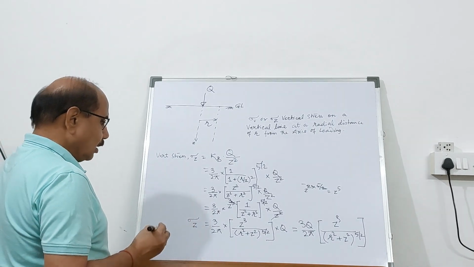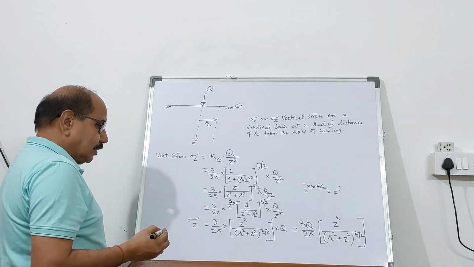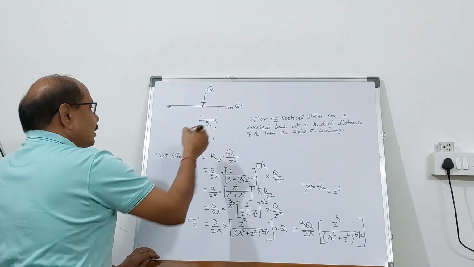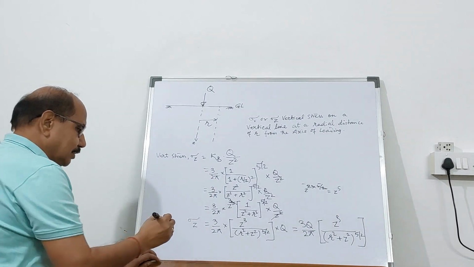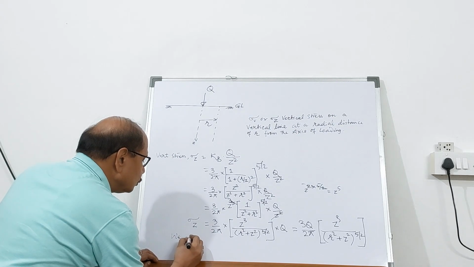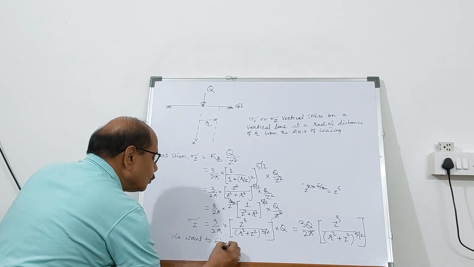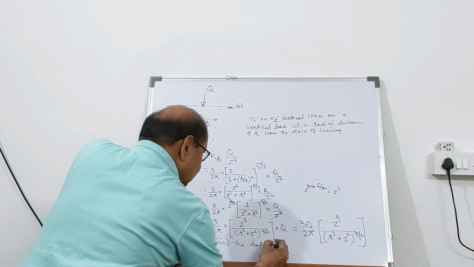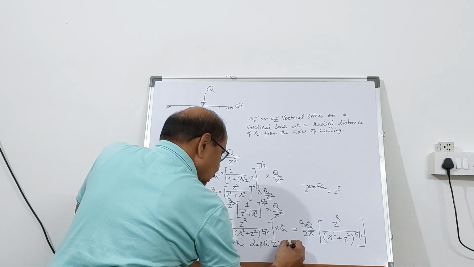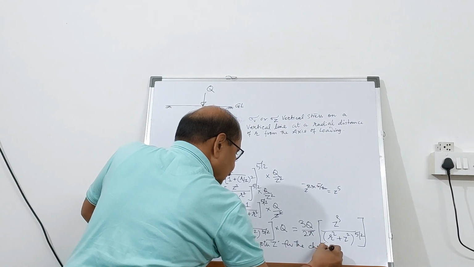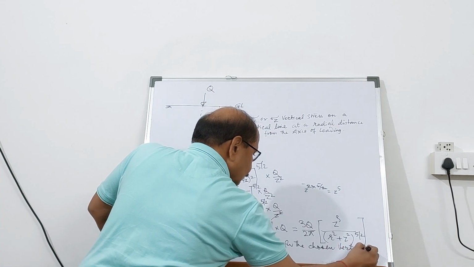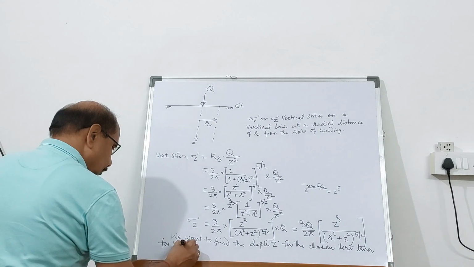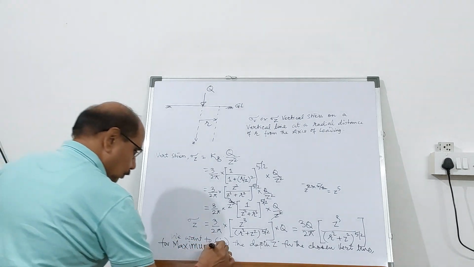Now if you want to find out the maximum vertical stress, at what depth the maximum vertical stress along this vertical line is going to take place, we want to find the depth z for the chosen vertical line for maximum vertical stress.